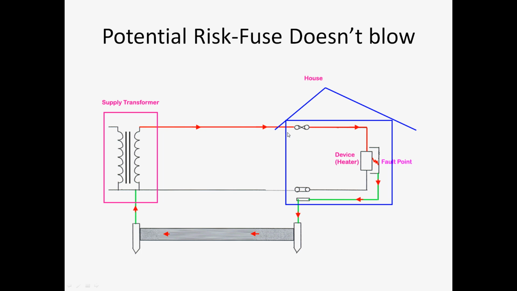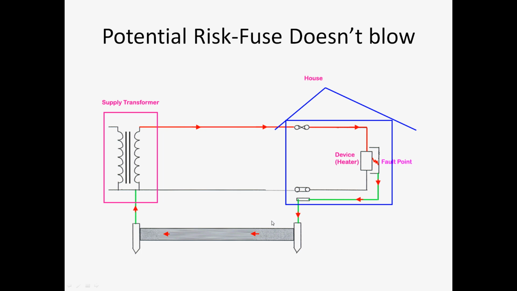The fuse may not blow if a sufficient amount of current doesn't flow through this path because of high resistance in some area. Maybe there is a high resistance in this fault point. If the fault point is not a direct short, there may be a high resistance in this point, or there could be a high resistance in this earth part.